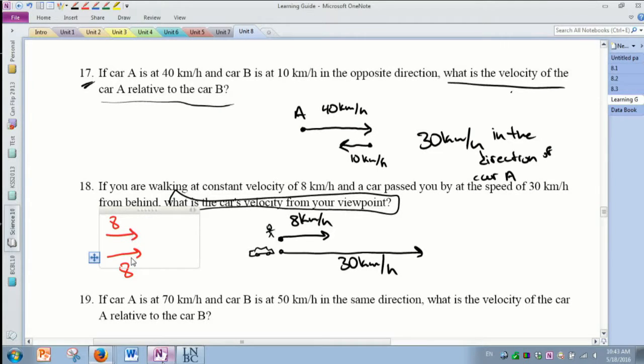If you're walking at 8 and you looked at the car and the car goes past you at 8, well, it's not passing you, it's just going to be right beside you the whole time, so it doesn't look like the car is moving from your viewpoint. So that makes sense. Now if the car is going 9, well, now it looks like the car is actually moving 1. So I guess it's a little bit different. So what did we decide here? This is going to be 22 kilometers per hour. It would seem like it's passing you at.